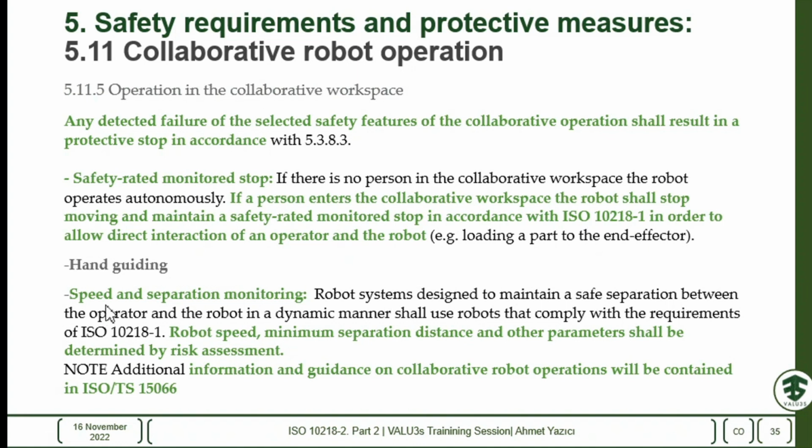This is one part, actually. But there's also another extension, speed and separation monitoring. The robot system can be designed to maintain a safe separation between the operator and robot in a dynamic manner. The robot speed, minimum separation distance, and other parameters shall be determined by the risk assessment.